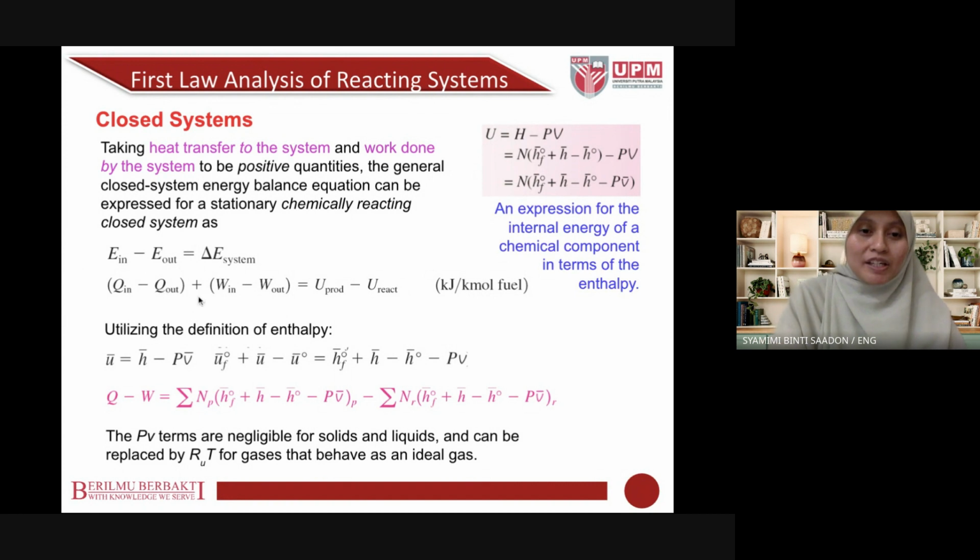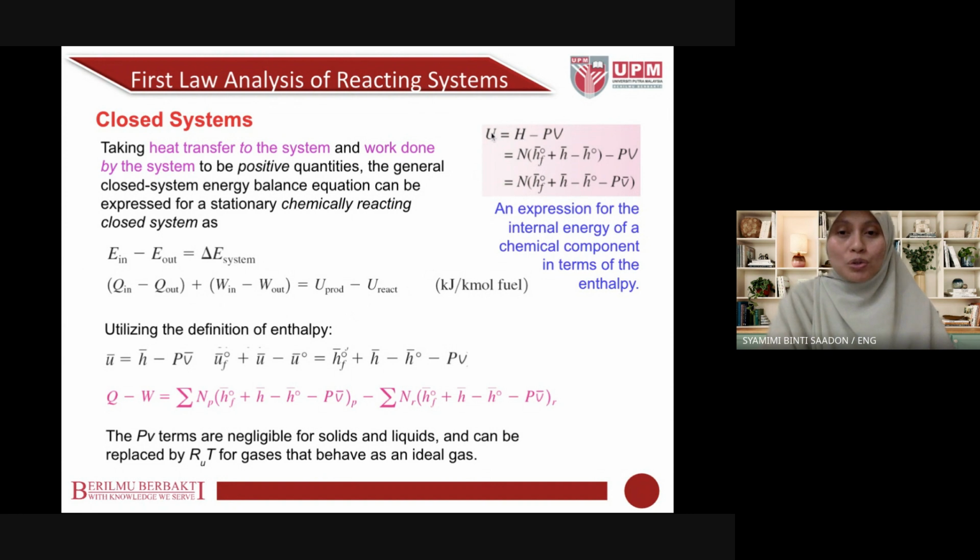So for the energy we have Q, heat transfer, work, etc. Then it will be equal to the change of U, the internal energy. Internal energy is usually the energy that relates with pressure and temperature, the thermal energy within the body, within the device.